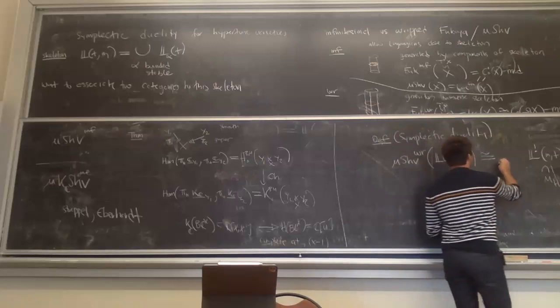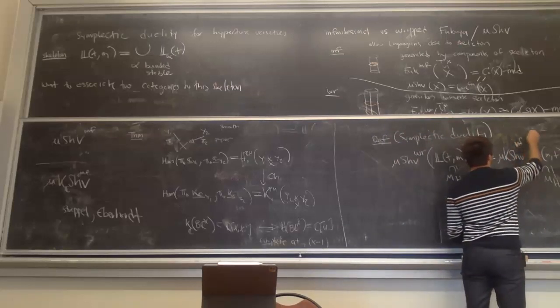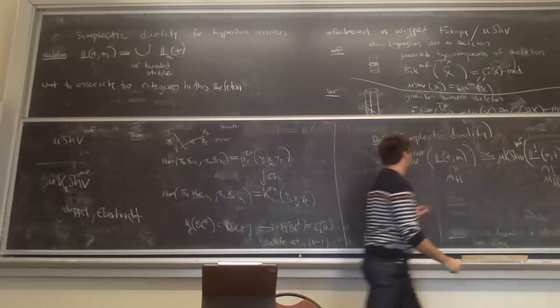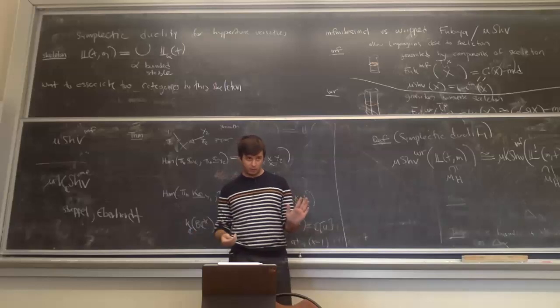And now I want to look at these K microsheaves, but the infinitesimally wrapped ones. And I claim that this is true for any kind of parameters, generic or not.